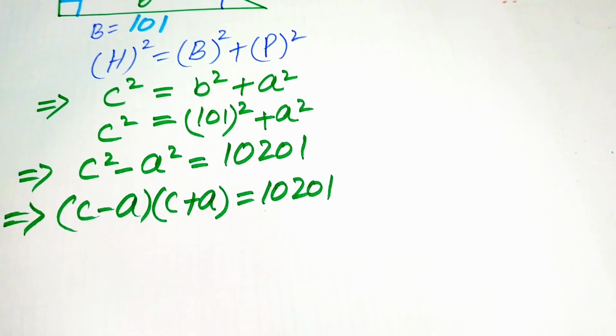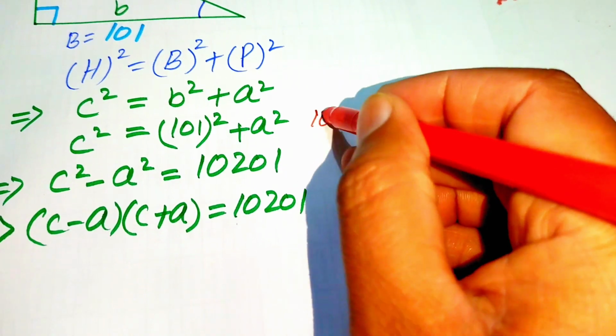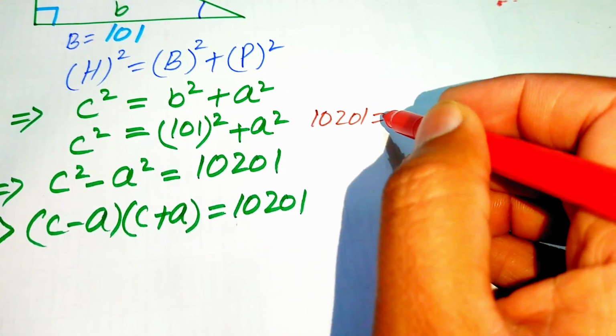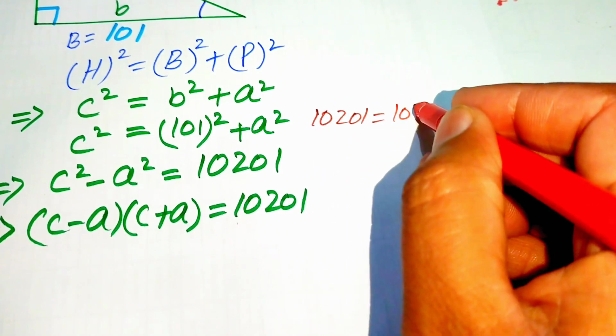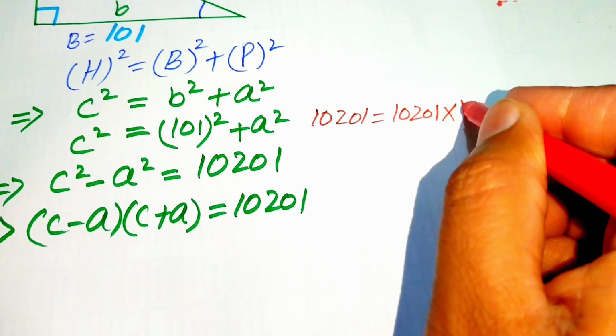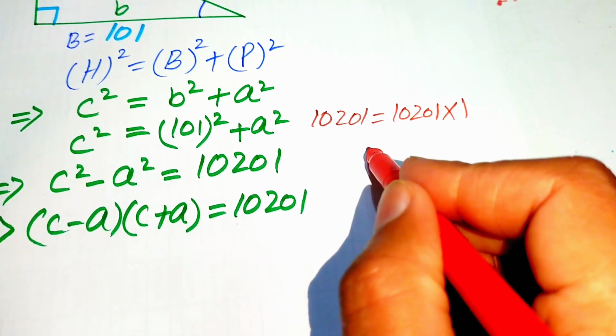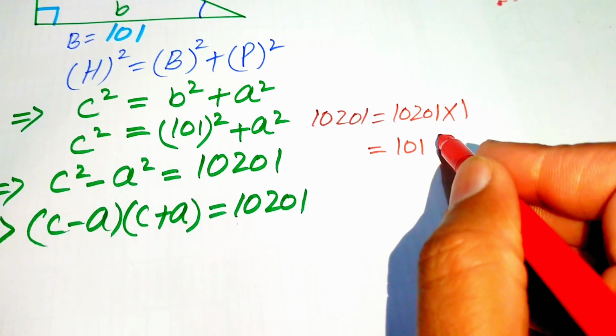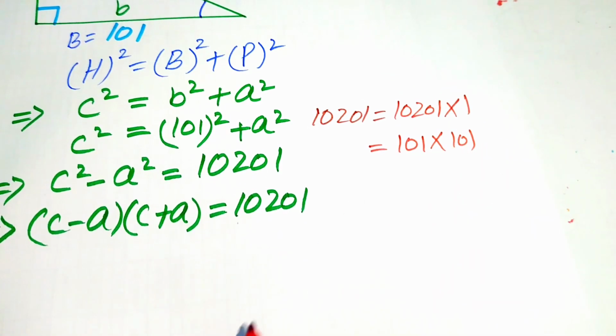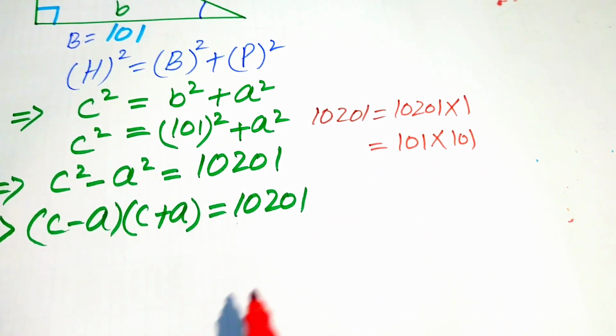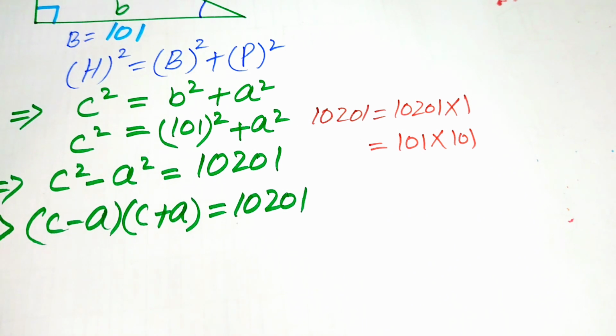So we know that 10,201 equals 10,201 times 1, and the other factor pair is 101 multiplied by 101. So we have these two possibilities in which we get 10,201.